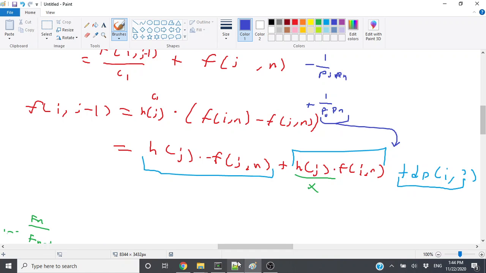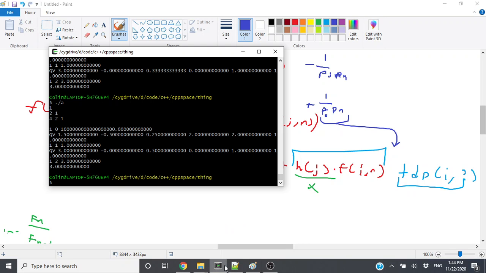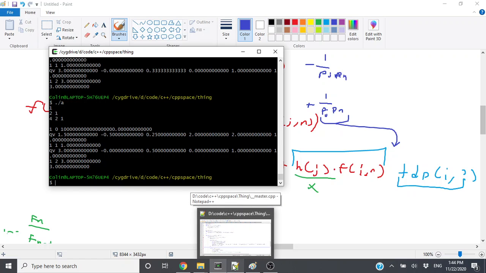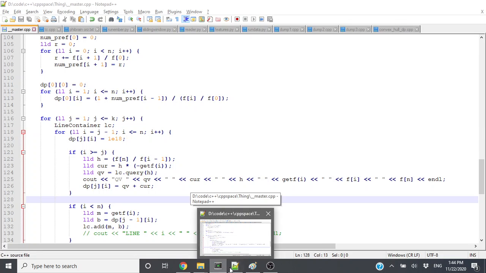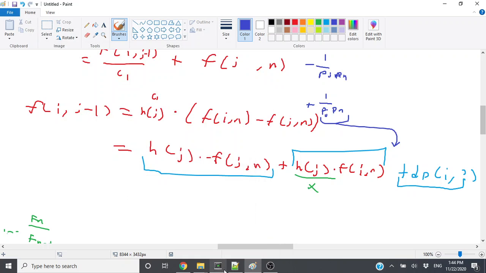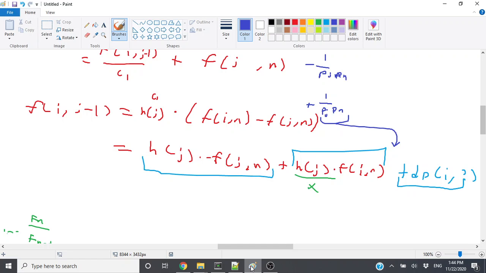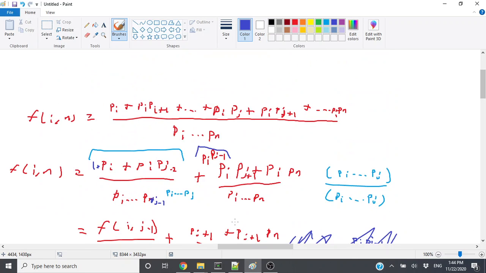Which querying f of, so h is 0.5, h is 0.25. Wait, here h should be 0.5. How is h 0.25 here? Is that part right?